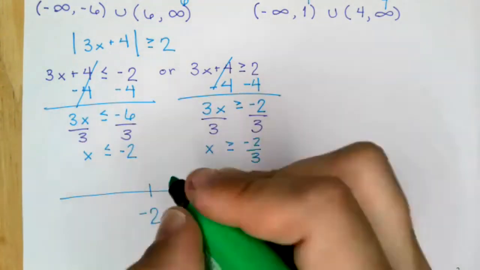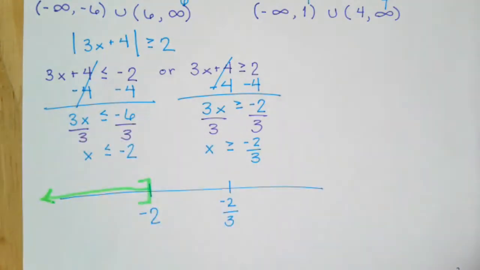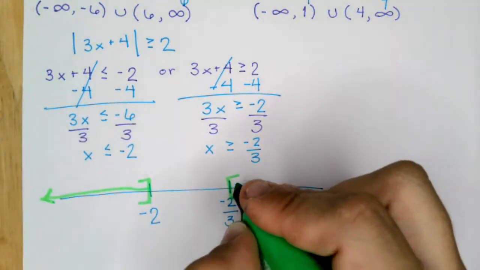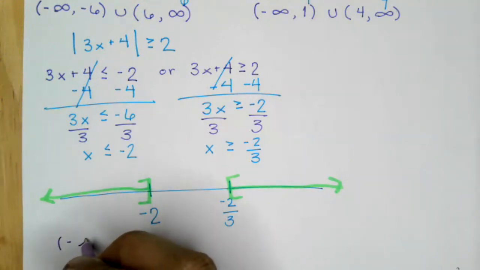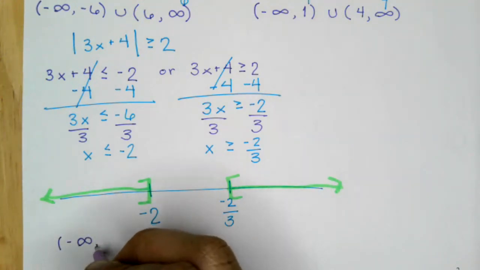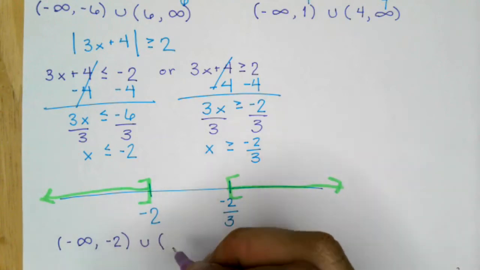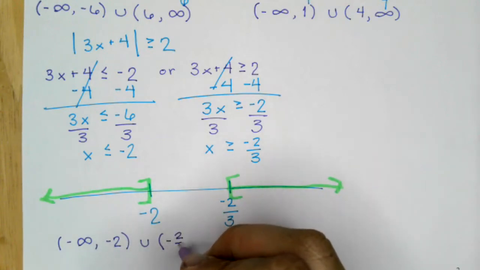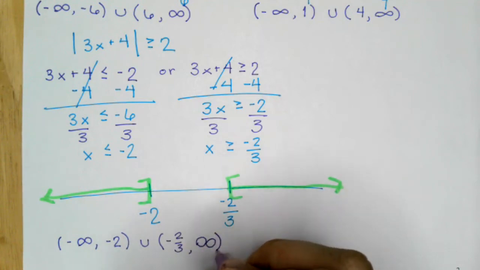It's a bracket, it includes -2, and it goes forever less than -2. It includes -2/3 and goes forever in a positive direction. So from -infinity to -2, the union with -2/3 and infinity.